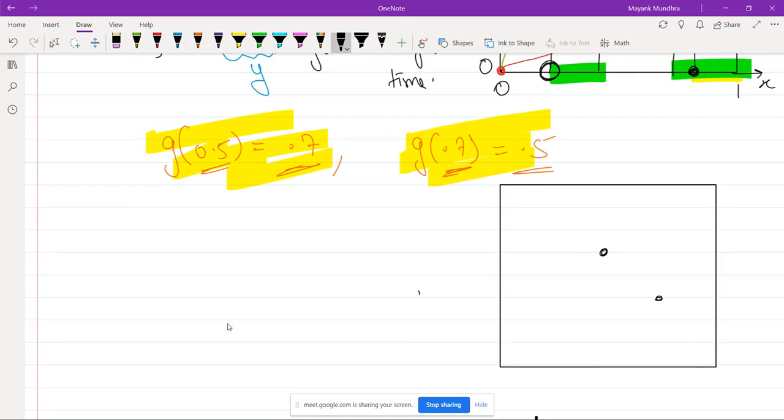So if f(x) has to take this point, it implies that f(0.5) is equal to 0.7.